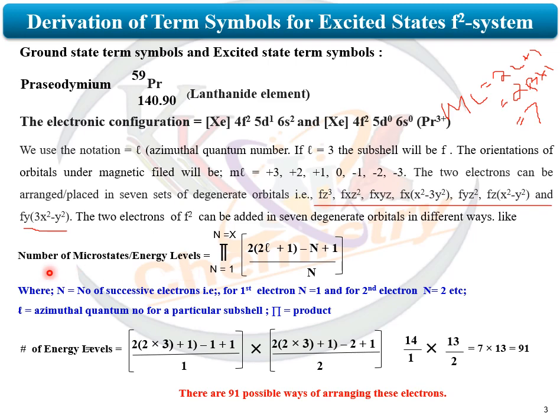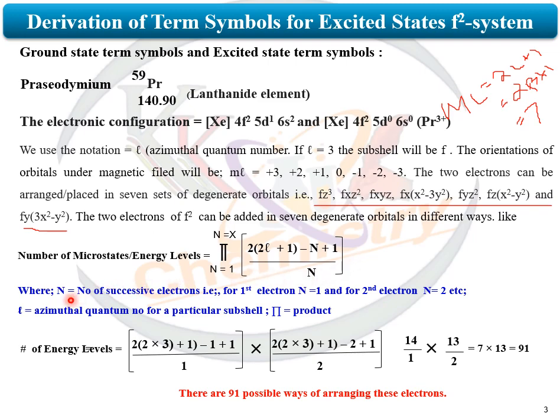We can get it from the number of microstates formula. This formula tells us how many energy levels are possible for these f2 electrons.